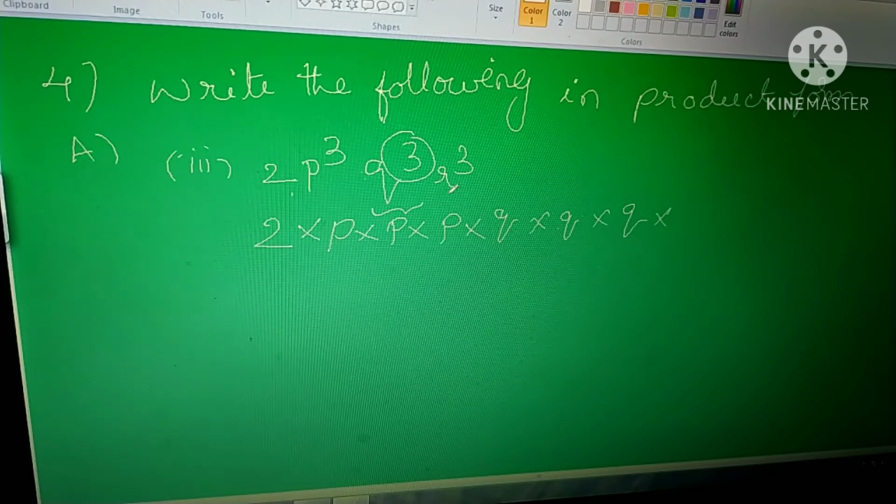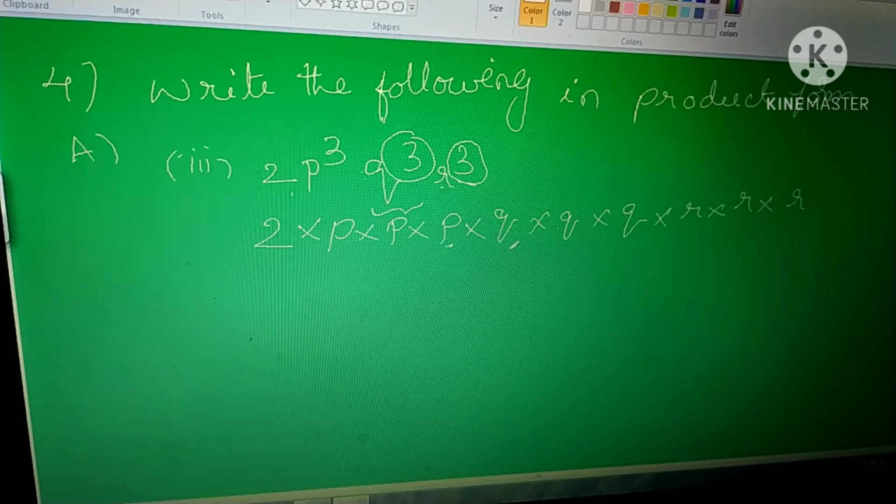Now see r cube. That means in the power we have 3. R power 3. 3 times r we have to multiply here. So write down r into r into r, that means we have to repeat 3 times. Now see this one. This total will become 2 into p into p into p. 3 times we have completed.